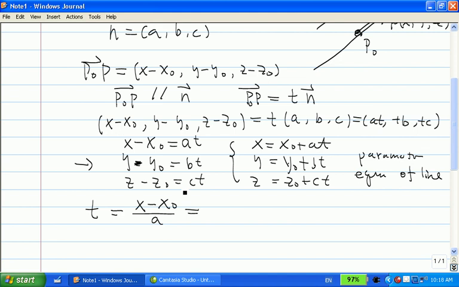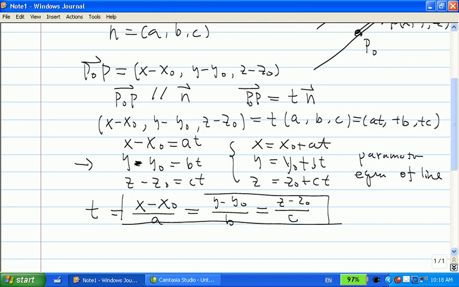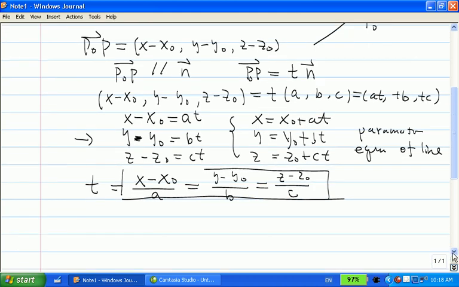Second equation, if you divide both sides by b, you get (y minus y0) over b, also equal to t. And (z minus z0) divided by c also gives you t. That's why these three terms are equal, and we call this the symmetric equation of the line.